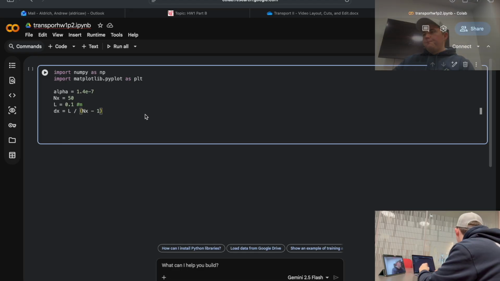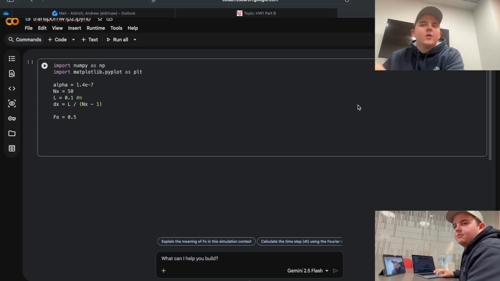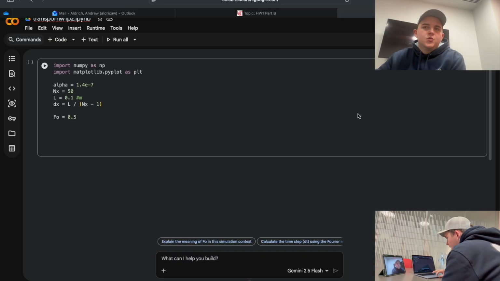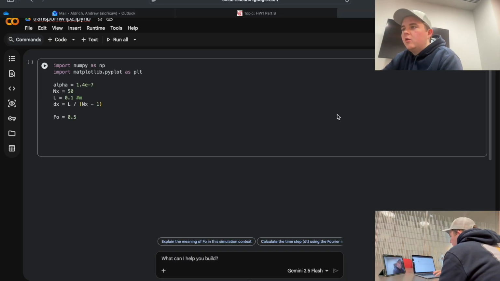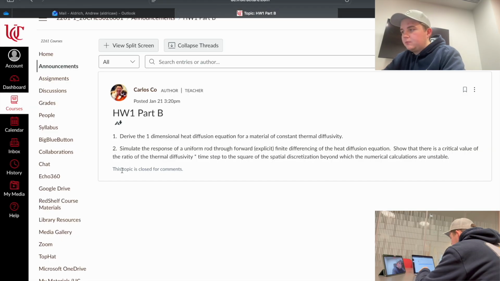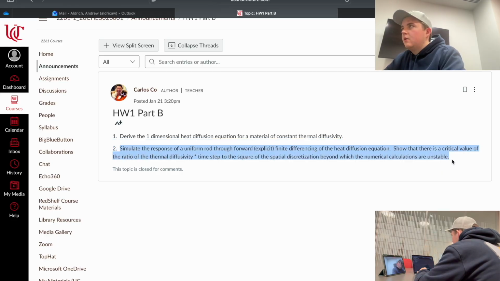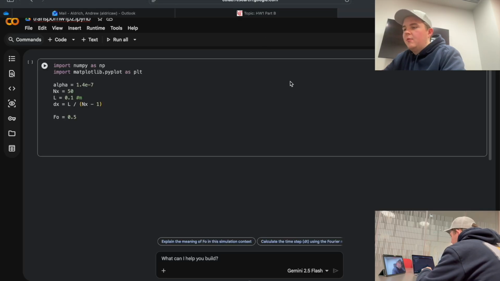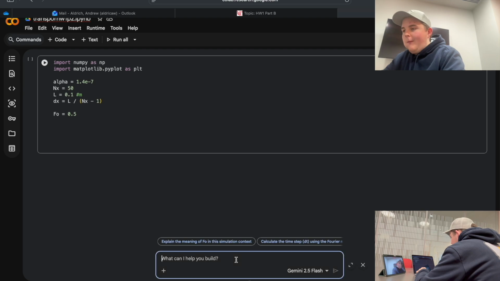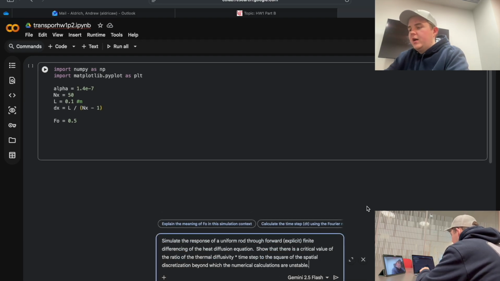Okay, next part. We've gotten to the point where my computer science knowledge stops, so we're just going to go into Canvas and copy and paste this prompt, and we're going to ask Gemini. Then we're going to add a couple things to the prompt.